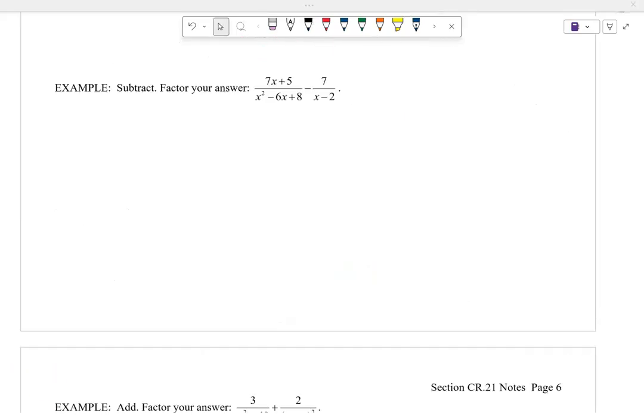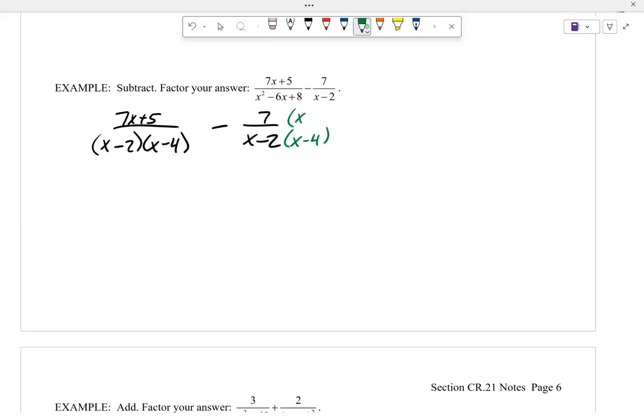I'll go ahead and pause the video and make these U-try problems. This one will factor into (x minus 2)(x minus 4). Notice they both have an x minus 2 on the bottom, but this one's missing an x minus 4, so we'll give it an x minus 4. So now we've got 7x plus 5 minus 7 times (x minus 4), all over this common denominator.